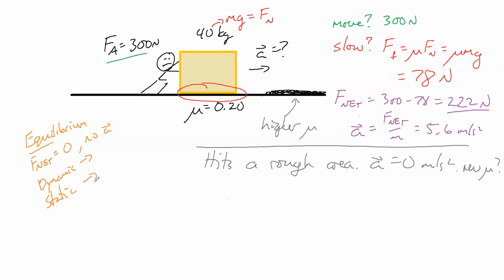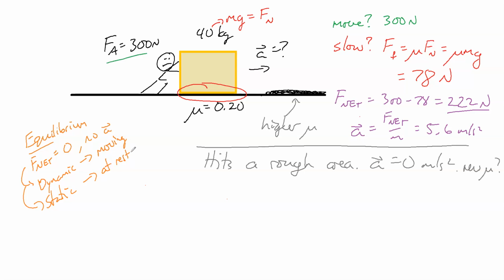Both of them have a net force equal to 0. That doesn't change. But with dynamic equilibrium, you are moving, and static is when you are at rest. Dynamic equilibrium would be something moving with a constant speed, but the net force is 0, so there's no acceleration. For example, a car with cruise control on the highway is in dynamic equilibrium. With static equilibrium, you're just at rest, sitting there, not accelerating.